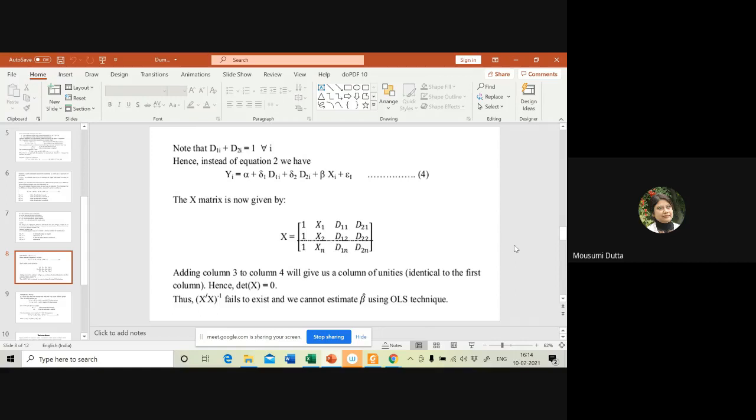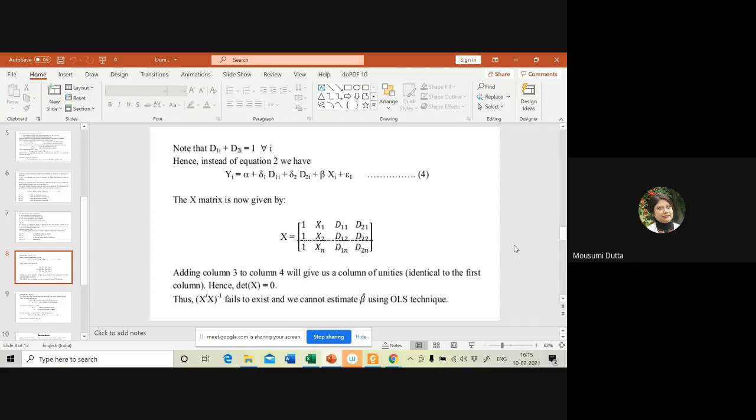Okay? However, remember that if the model does not have the intercept term, I am repeating, if the model does not have the intercept term, in that case the number of dummy variables will be exactly equal to the number of categories you have.